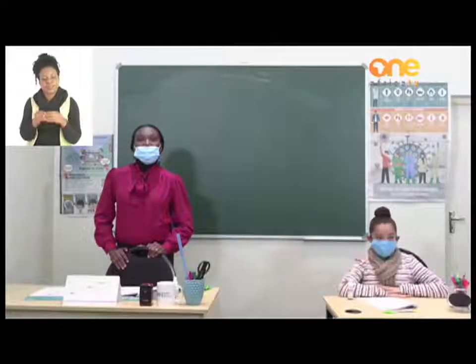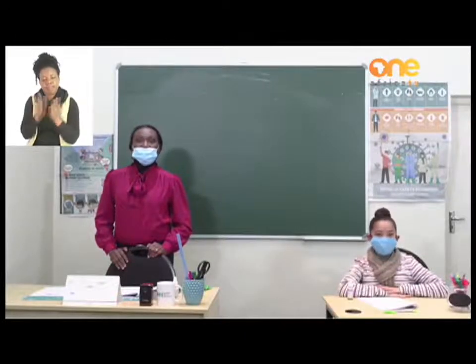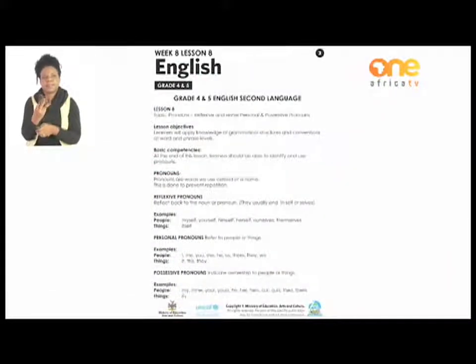So on page 3, before we start with today's lesson, we are quickly going to do a quick recap on the lesson that we did previously. So we are going to look at personal pronouns. Chanel, can you still remember what a personal pronoun is?